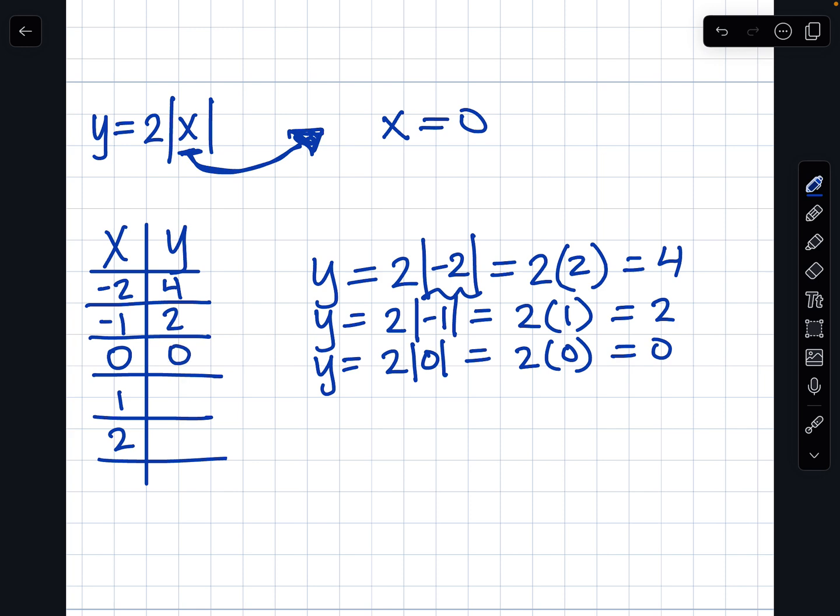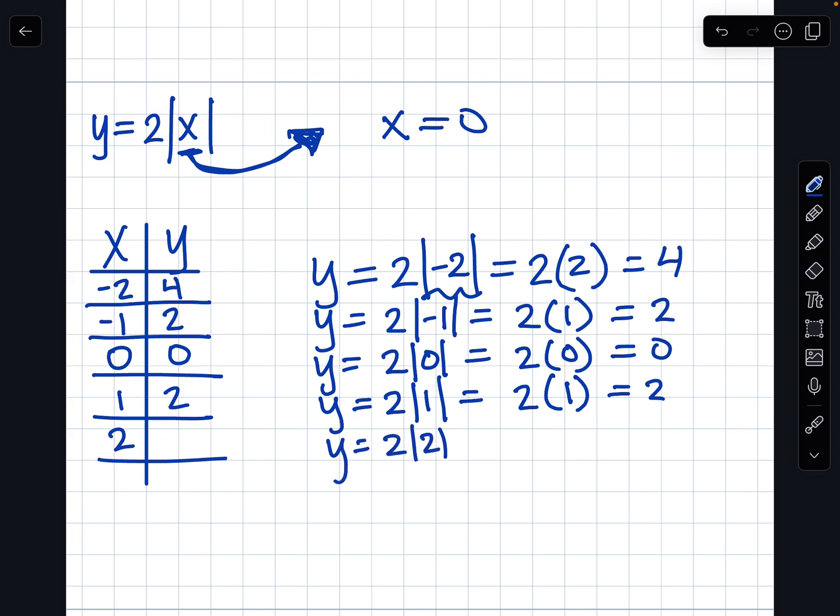Now, here's where you're going to start to see the reason we chose these numbers. Okay? Isn't it just going down by 2? Nope. That's why I said you're going to see right here. What's the absolute value of 1? What's 2 times 1? 2. Okay, anybody have a guess what we're going to get on our last answer? 4.